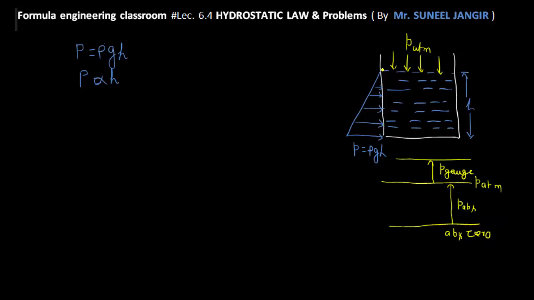So in this case, p equals rho g h is defining the gauge values in the layers. When we take atmospheric pressure as the reference, the gauge value exactly at the topmost layer will be zero, because here is the reference. Now when we move downward, the pressure intensity keeps increasing, as this defines the gauge values. It is directly proportional to h.